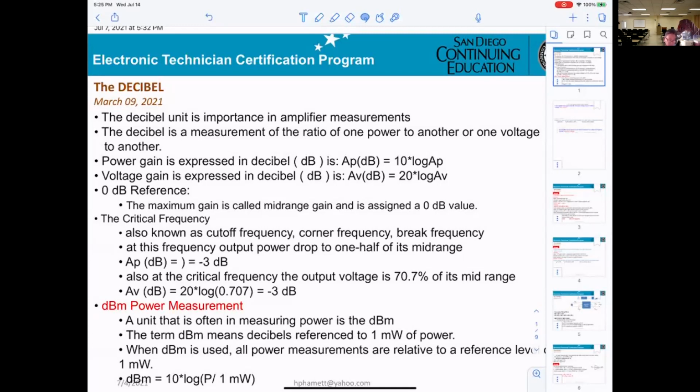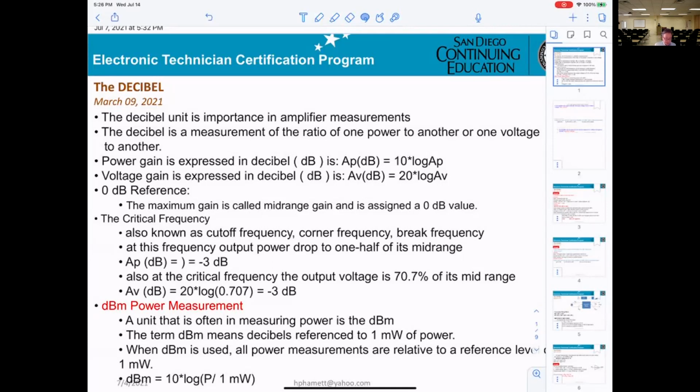And they normally give you two formulas. For power gain, if you want it in decibels, the formula is 10 times log of the power gain. Power gain means P out divided by P in.